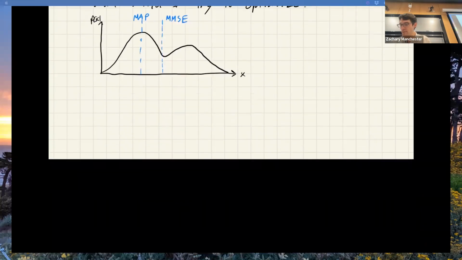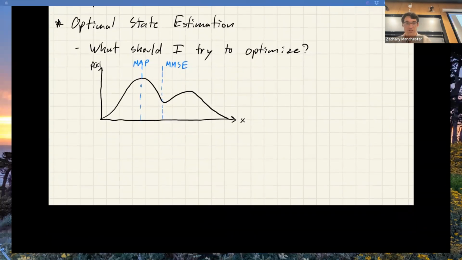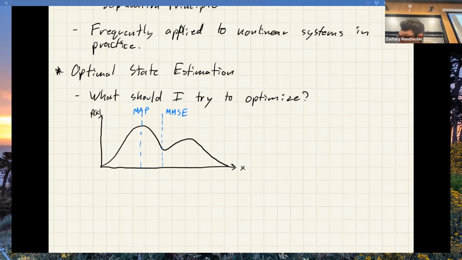So let's write down what these things are mathematically. First, the MAP one is maybe the easiest to write down.